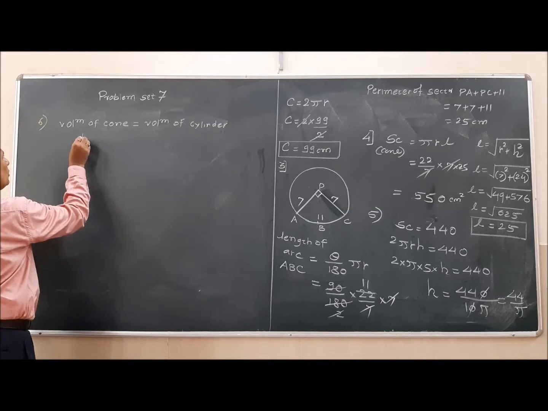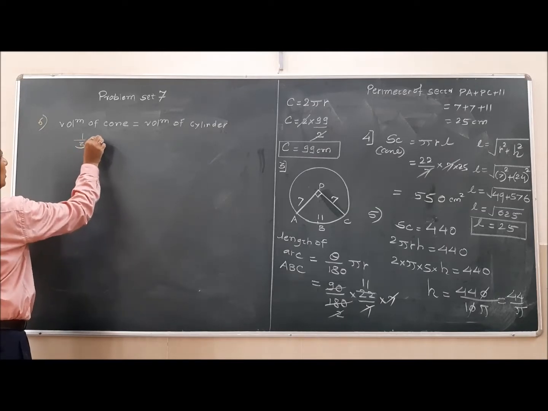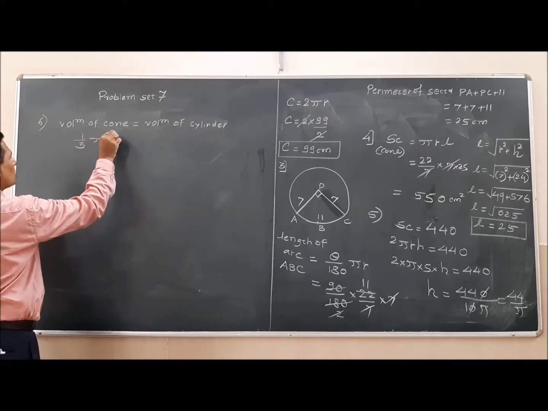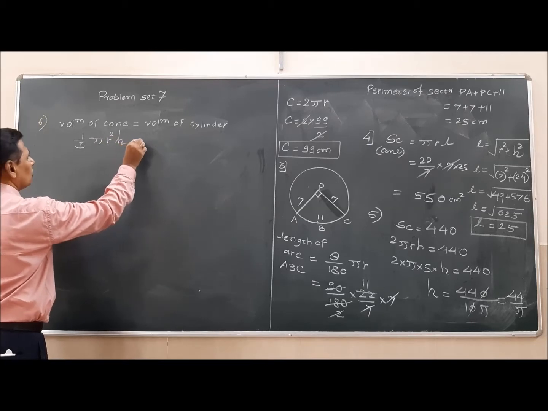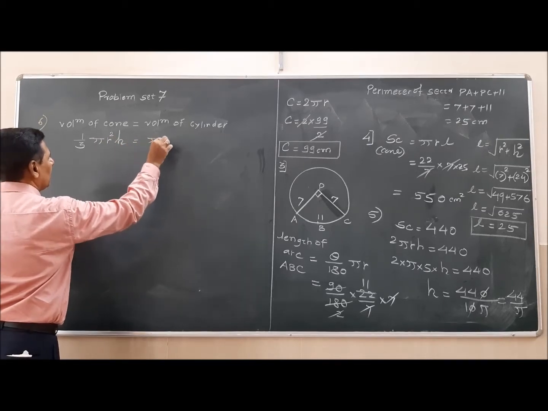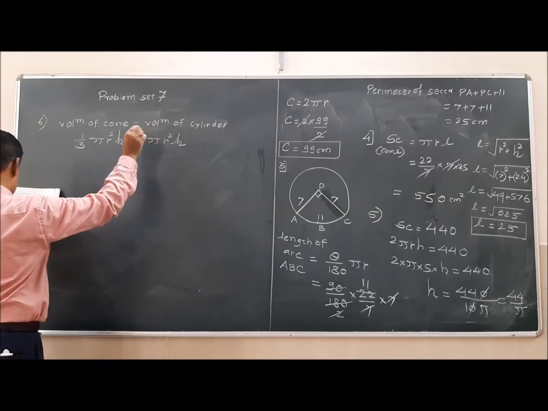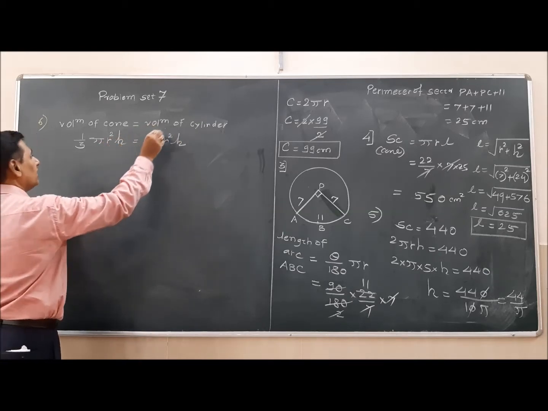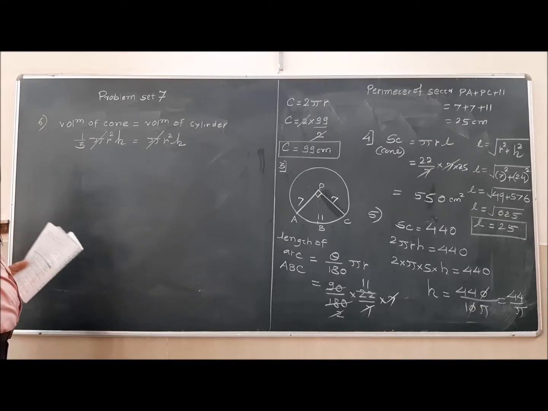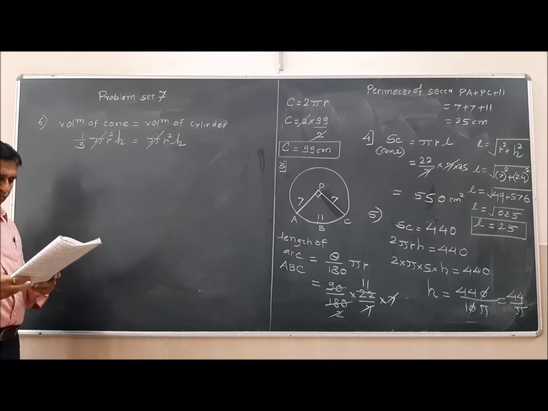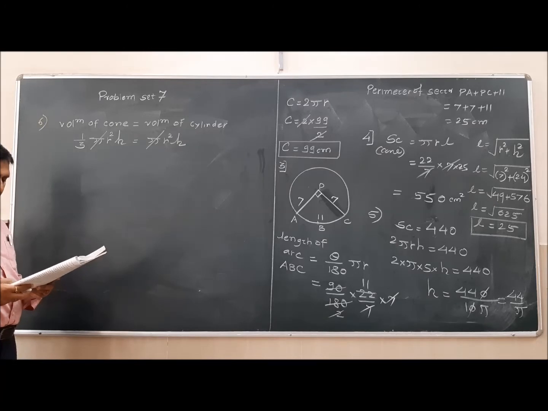Now volume of cone, you all know the formula, 1 upon 3 pi r square h, while that of volume of cylinder is pi r square h. Pi is the same on both sides, so naturally pi and pi will get cancelled. Now let's see what they have given us: the same radius as that of the base.